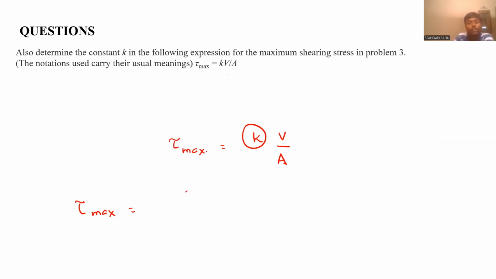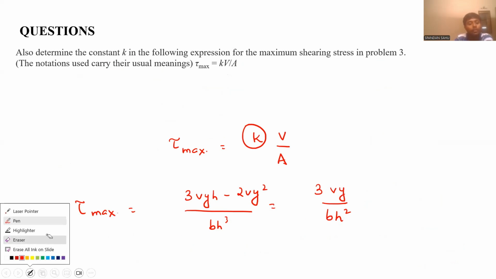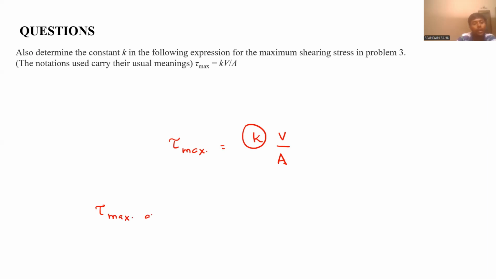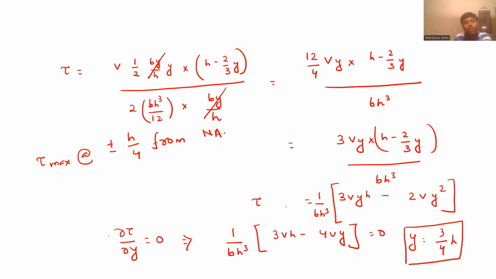So tau max will be at y equal to plus minus h by 4.